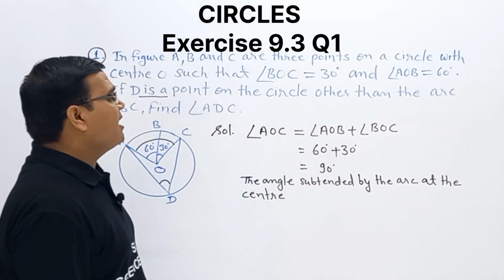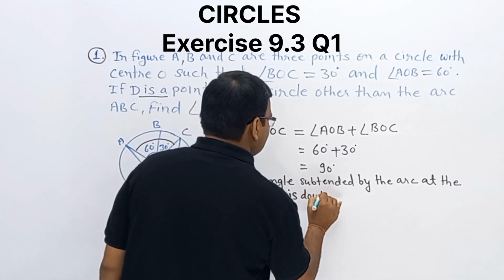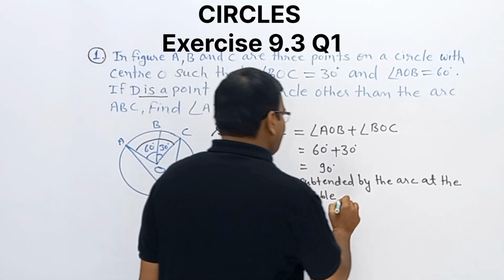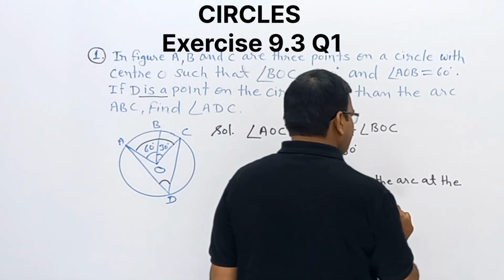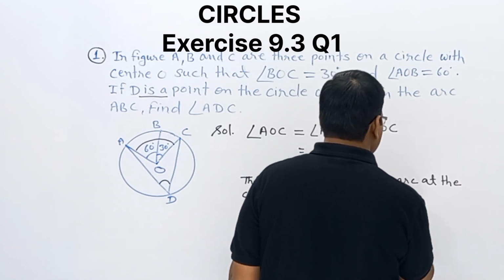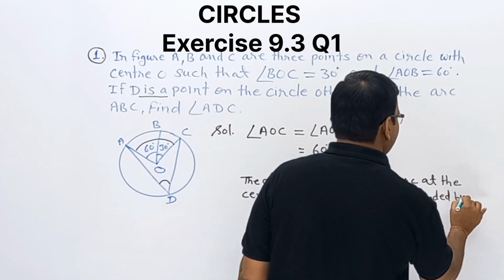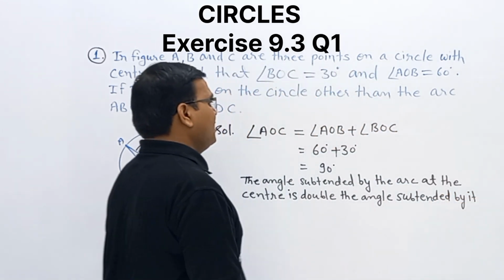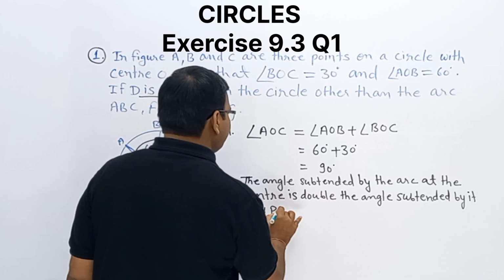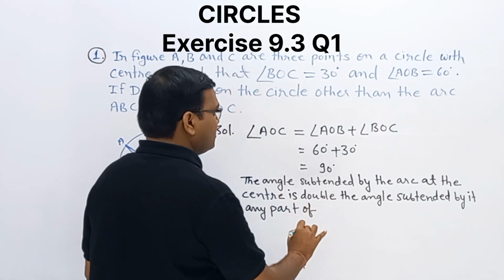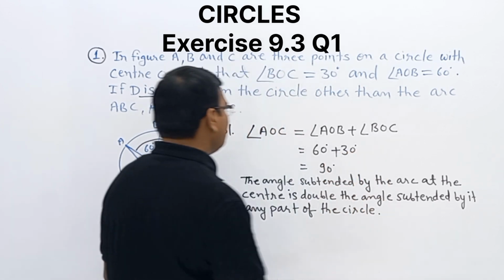The angle subtended by the arc at the center is double the angle subtended by it at any part of the circle. This is the theorem.